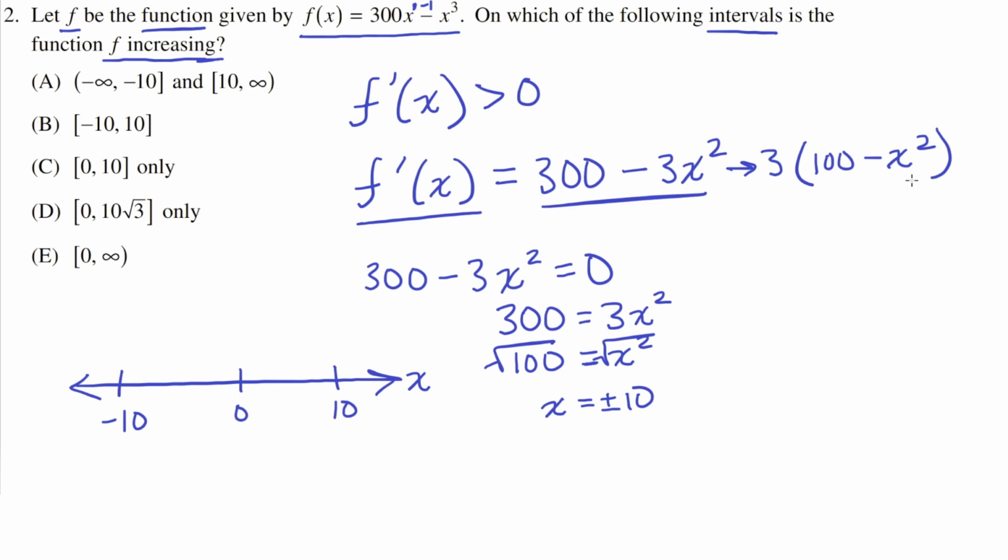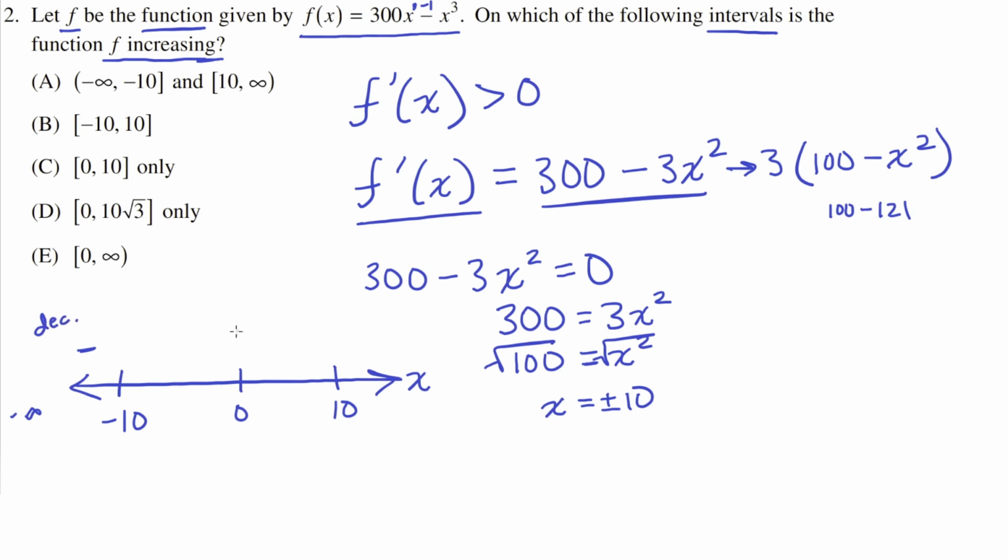So if x equals negative 11, we know that 11 squared is 121. So we'll have 100 minus 121, and we know this is going to give us a negative number. So for values of x between negative infinity and negative 10, the value of the first derivative is negative. So in this interval, f of x is decreasing.